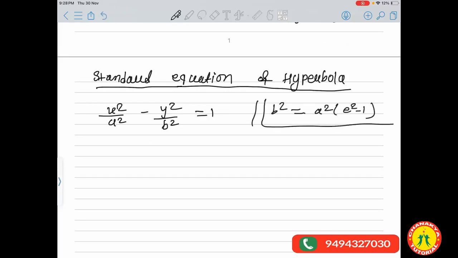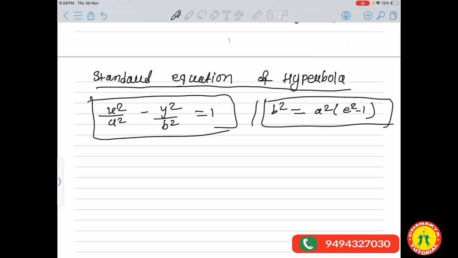If you know about the ellipse, everything is a similar type. In the ellipse there is a plus symbol, here in hyperbola it is minus, and in ellipse b² equals a²(1 minus e²), and for hyperbola e² minus 1, because negative no, so e is greater than 1. We must remember b² equals a²(e² minus 1).